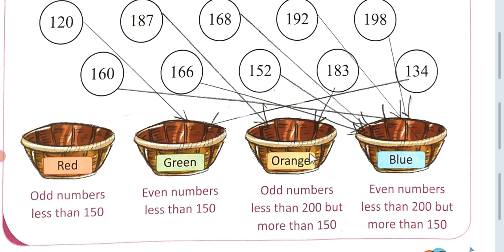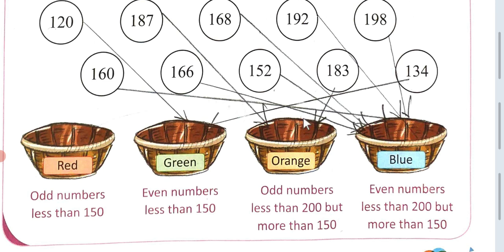Now come to the orange color. Odd numbers less than 200 but more than 150. So see the last number, 187. You can see 183.